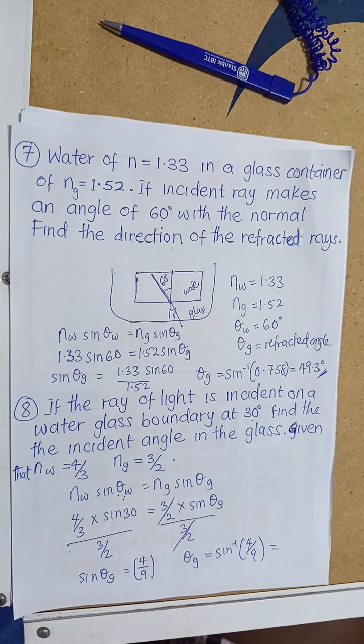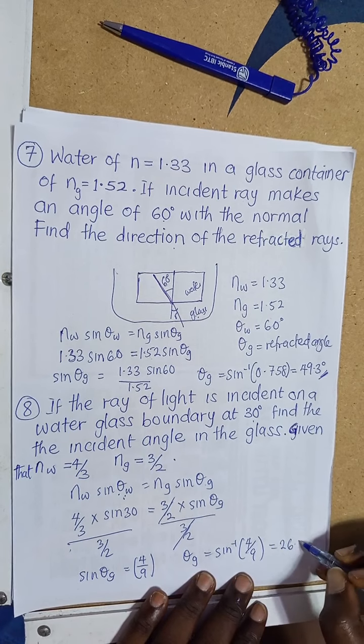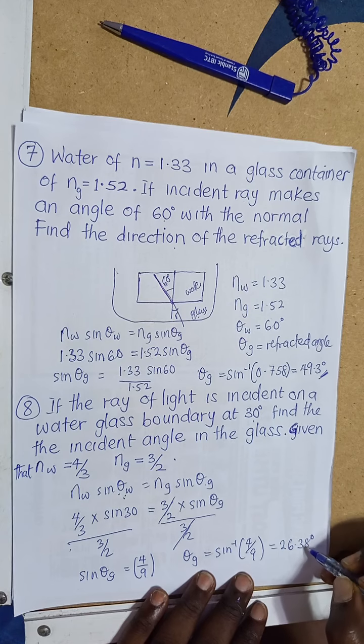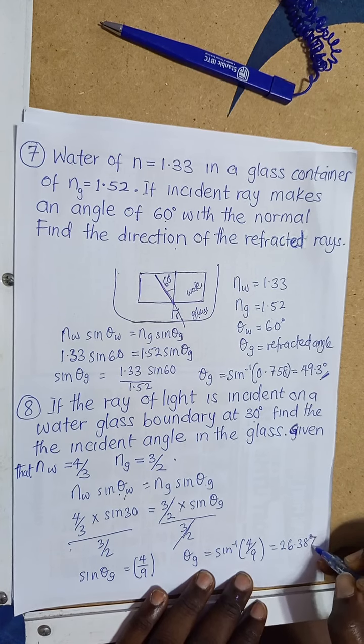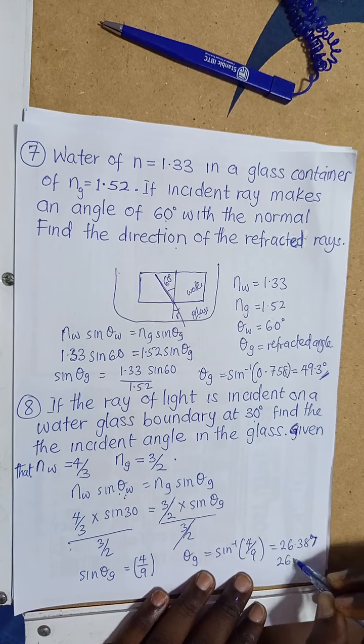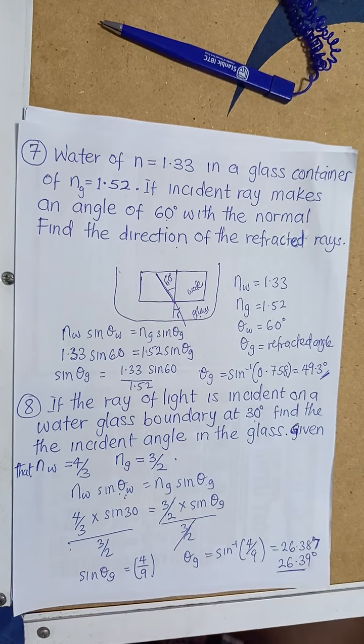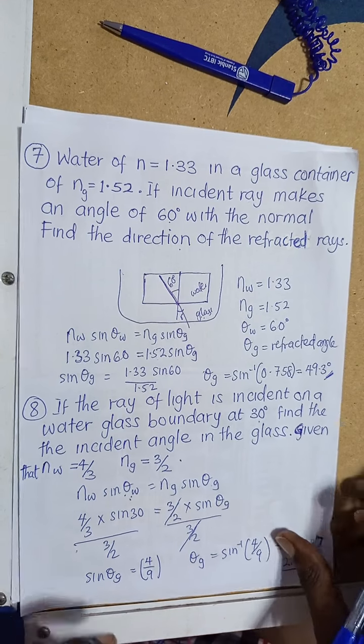Sine inverse of 4/9 gives us 26.38. So that means about 26.39 degrees. So that is the incident angle in glass.